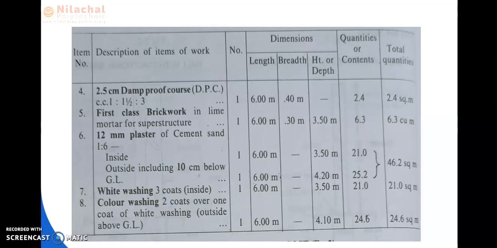The only difference between the inner side and outer side is the dimension. For the inner side, we consider the height from the plinth level to the superstructure height, and for the outer side, we consider the height including 10 cm below ground level, because on the outer side the construction above the ground level is showing, so we need to plaster this side.